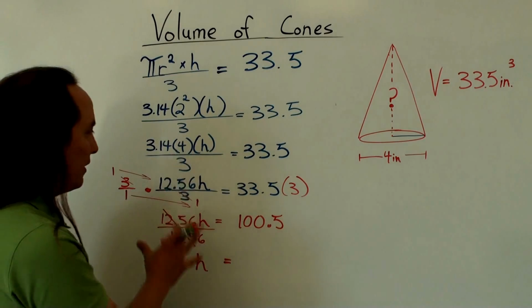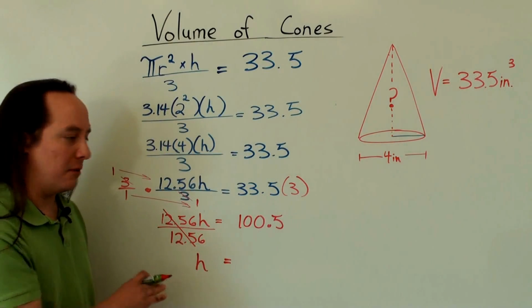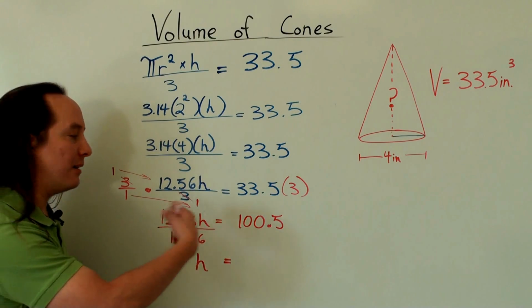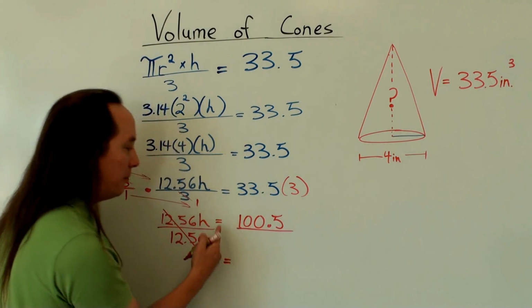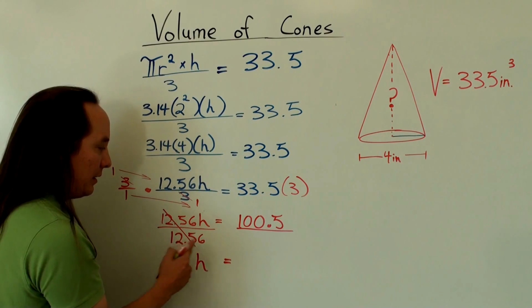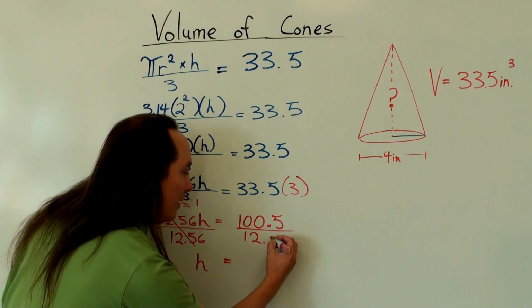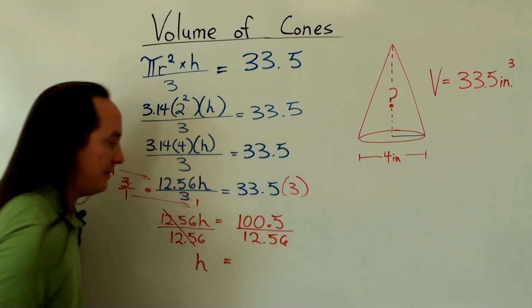I was writing kind of small and crowded because I'm coming down to the bottom of the screen, and I don't want to run out of space. Anyway, what I do to one side, I've got to do to the other side to maintain equal. I divided by 12.56, so that's what I'm going to do over here. Divide by 12.56.